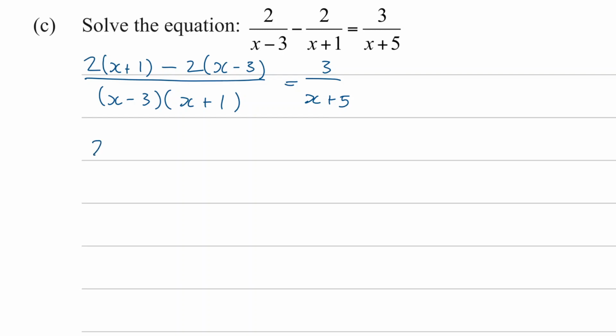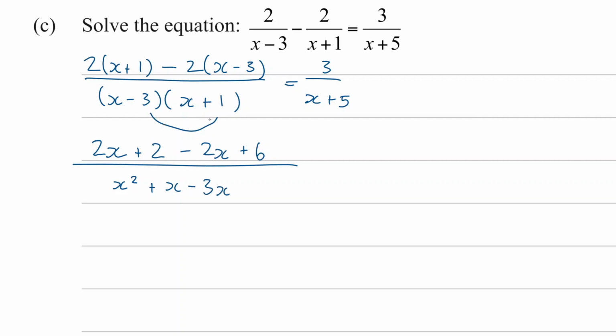So 2 times x plus 2 times 1 minus 2 times x minus 2 times minus 3 plus 6, all divided by, now we can FOIL the denominator, so x times x gives x squared, x times plus 1 gives plus 1x, or plus x, minus 3 times x, and minus 3 times 1. And that all equals 3 over x plus 5.